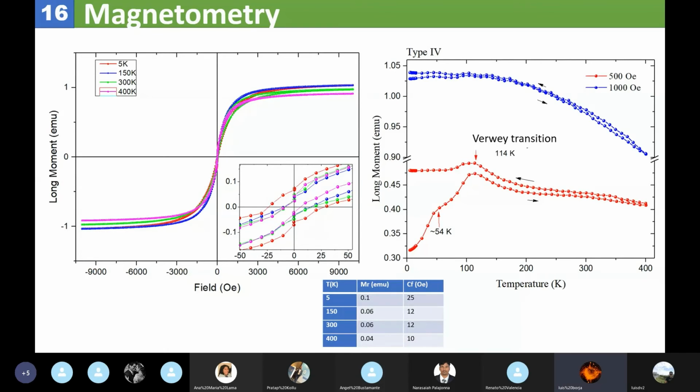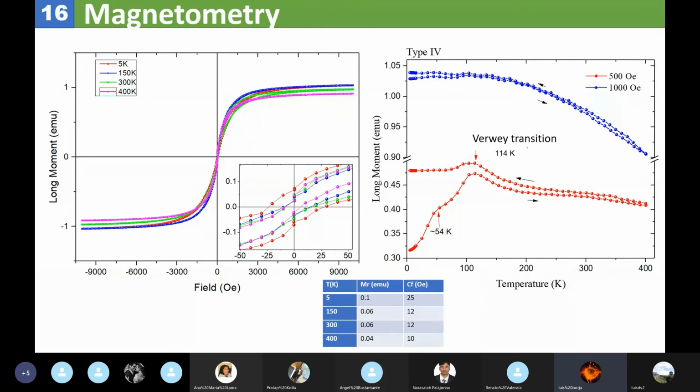We also observe that the saturation magnetization appears for all samples at about 6,000 Oersted, and there is a reduction in the remanent magnetization and the coercive field.